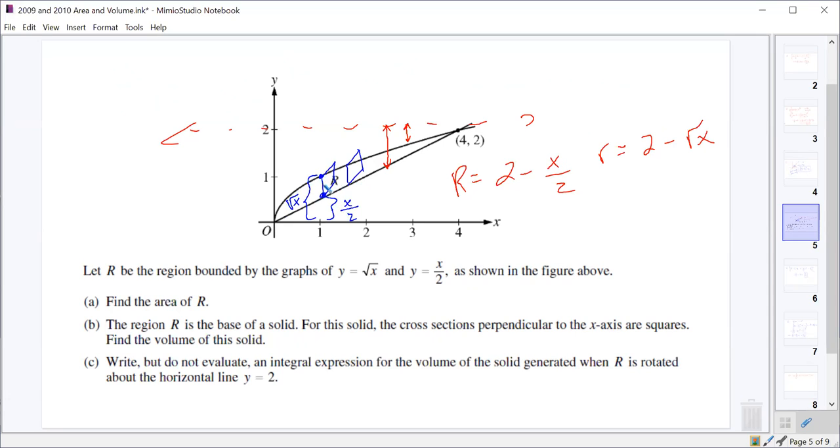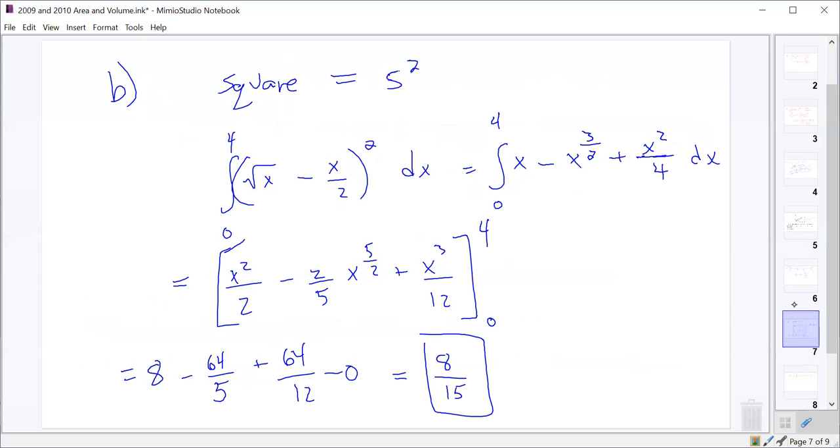And since the area of a square is side squared, we did root x minus x over 2 squared, integrated from 0 to 4, distributed it out to get this, integrated it to get this, which was your second point. So 1 point for the correct setup, 1 point for this integral, and 1 point for evaluating it properly. So hopefully that's good now on parts A and B, since I forgot to record those.